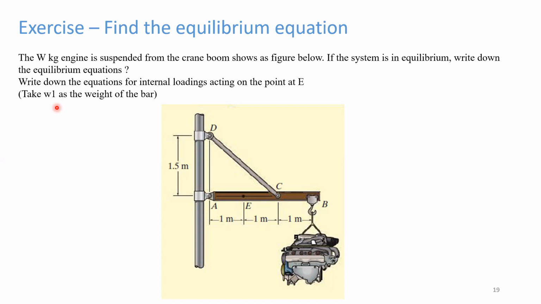And you can think the bar is what we call a uniform bar. Once it's a uniform one, then the W1 is acting in the middle of the bar, the exact middle.